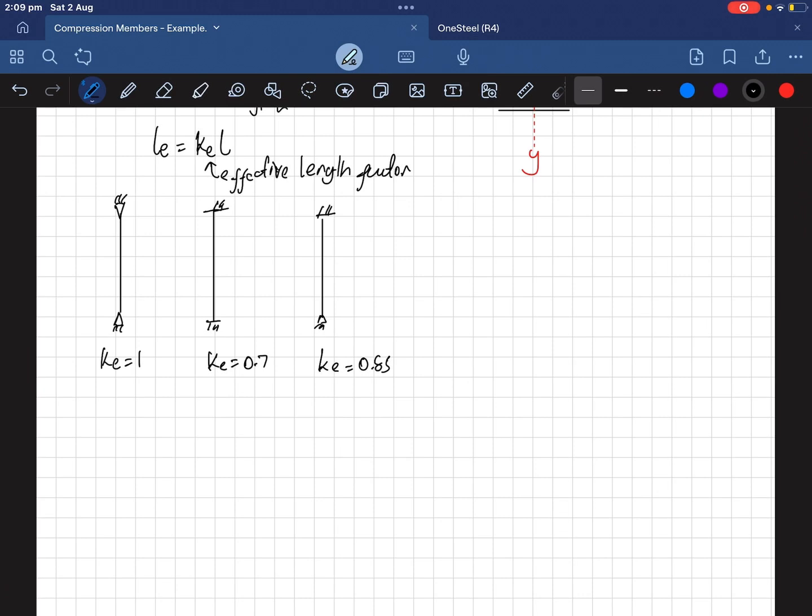And then if you have a fixed end and the other end is totally free, your KE equals 2.2.